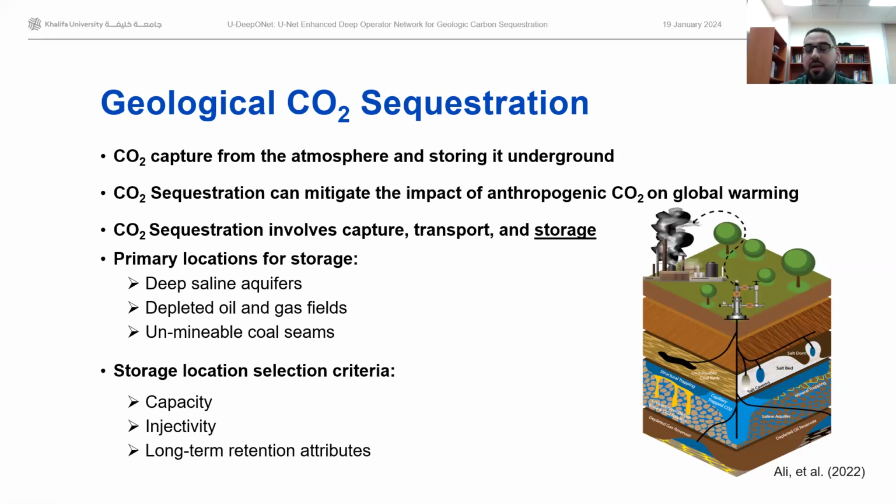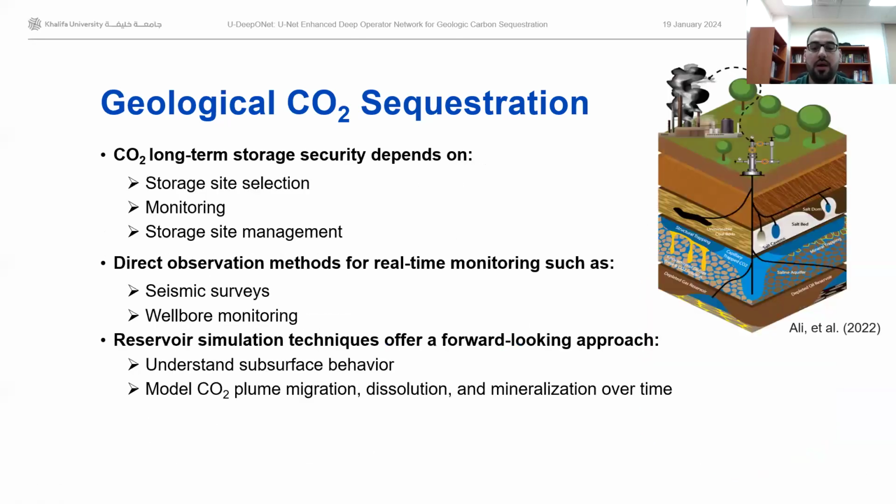These locations are usually chosen for capacity, injectivity, and most importantly, for their long-term retention attributes. The idea being that we want to store this CO2 underground for as long a period of time as possible.